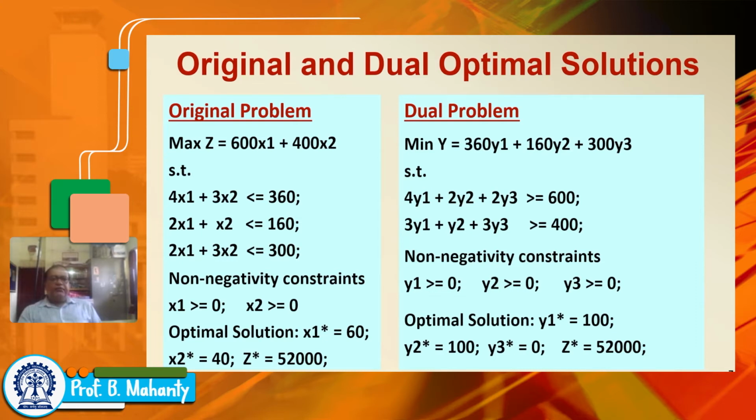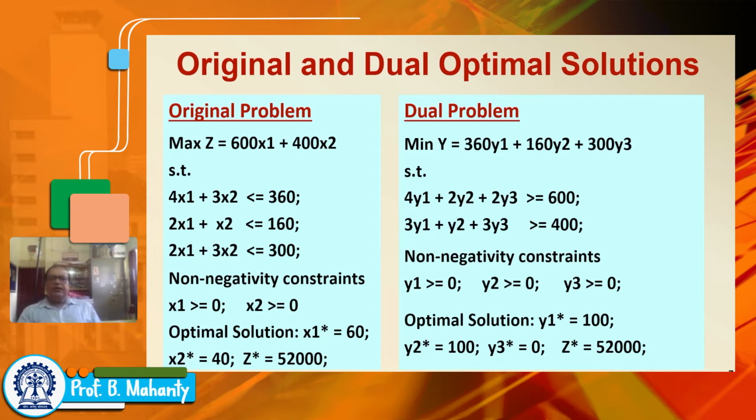We can tell that this 55,000 is an upper bound of the maximization problem, because 55,000 may not be optimal for the dual problem, but we know this much, that at the lowest, the value that we get for the minimum problem solution is going to be the best possible of the maximization problem. Therefore, if 55,000 is optimal, well and good, but even if it is not optimal, it will serve to provide an upper bound to the maximization problem. Similarly, the maximization solution will give a lower bound to the dual problem solution.